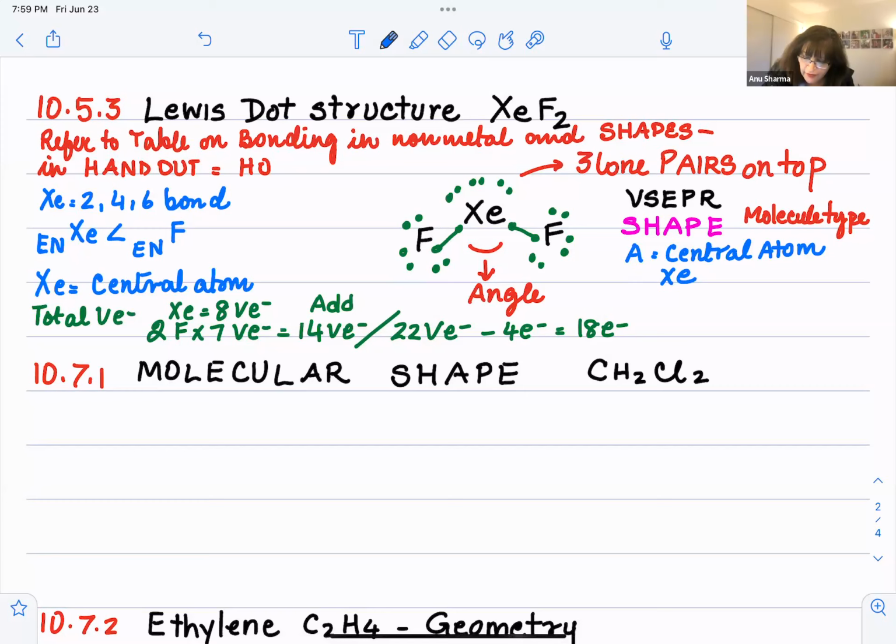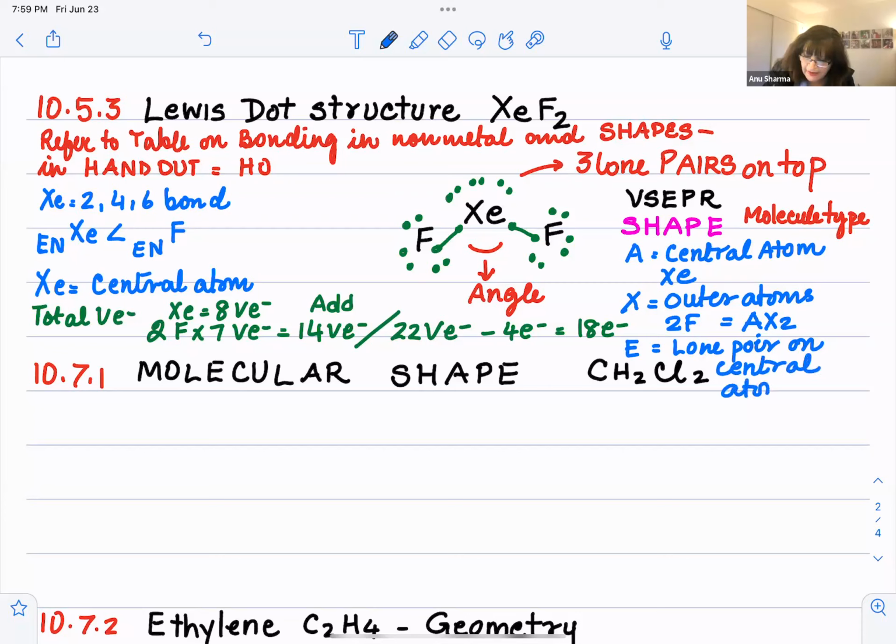And then there is X. X stands for the outer atoms, and these outer atoms are 2 fluorines. So 2 fluorines becomes AX2. And then there is the E. What does E stand for? E stands for the lone pairs on the central atom, always on the central atom.